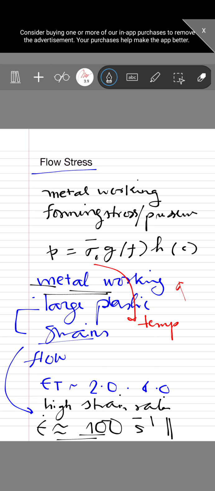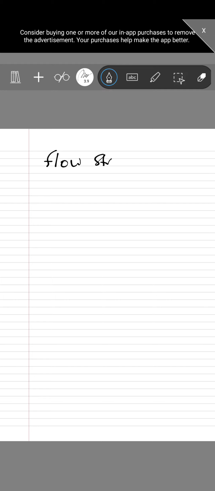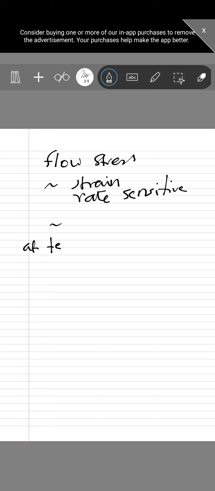So we can say that the flow stress, the stress causing the plastic deformation, is strain rate sensitive, but at elevated temperatures it is independent of strain.